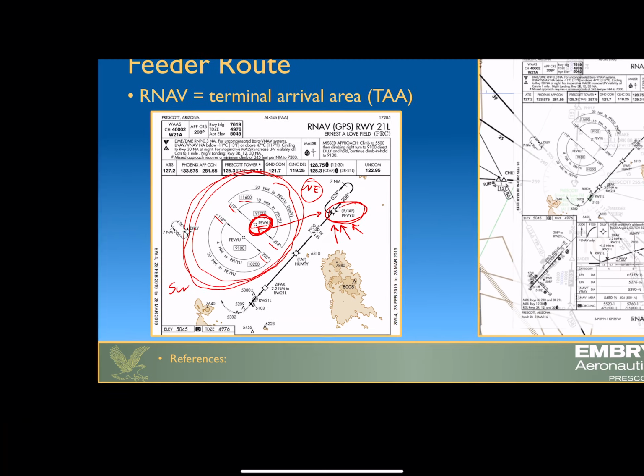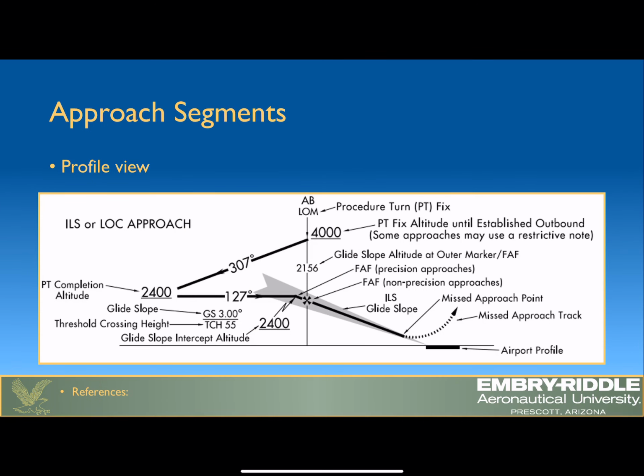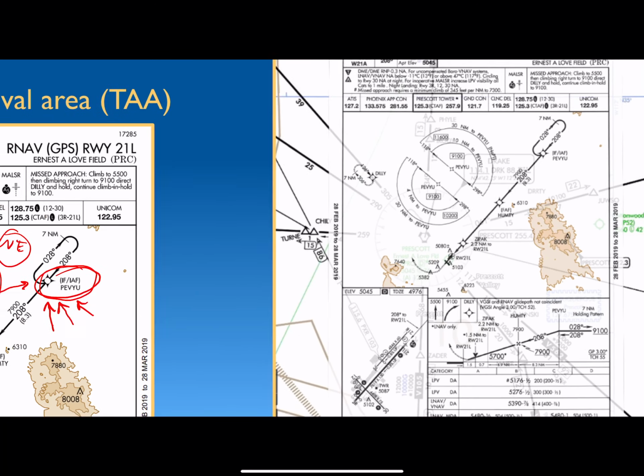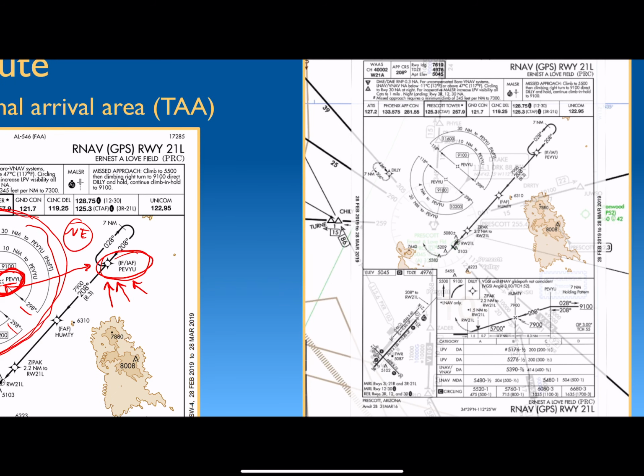Over here, I've taken the approach plate and I've overlaid it on top of the en route chart, and they're scaled to the same size. So you can see how the en route chart and the approach plate compare.